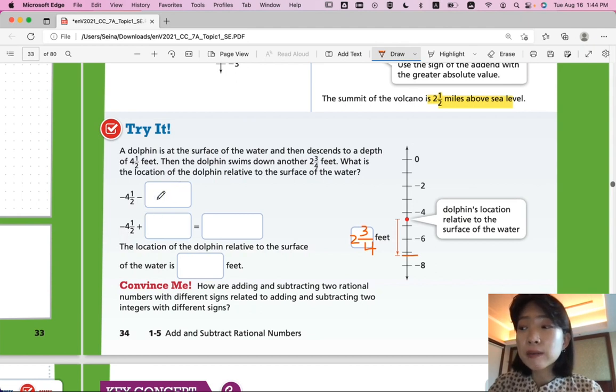Numerically, -4 1/2 minus 2 3/4. You're going to go further down below the surface of the water. So change this into an addition equation where you're going to add -2 3/4. And if you add the two negative numbers, you're going to add the absolute values of them and keep the negative sign. You should get 7 1/4 feet.